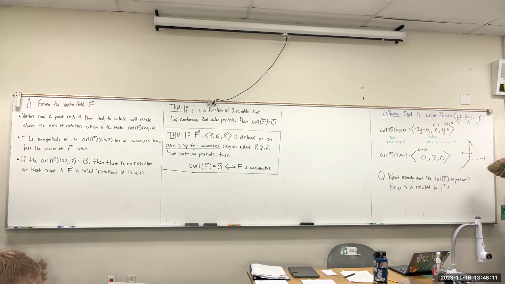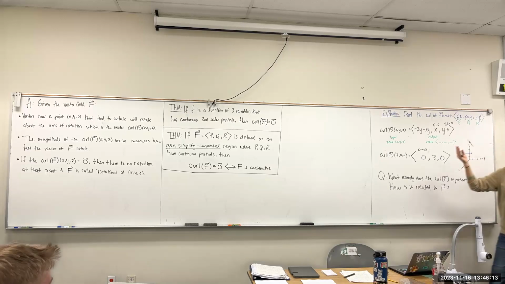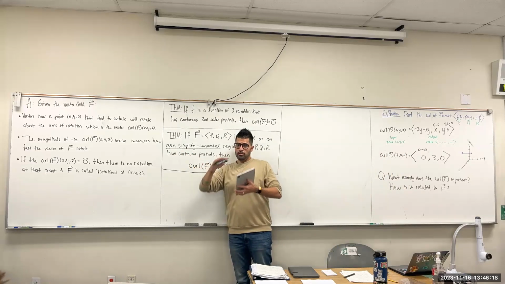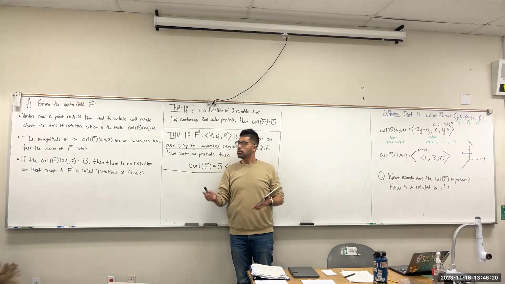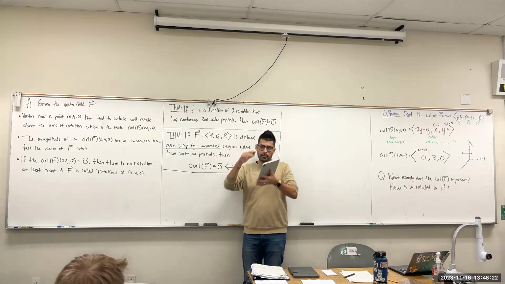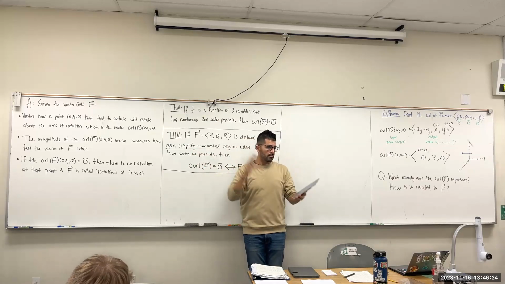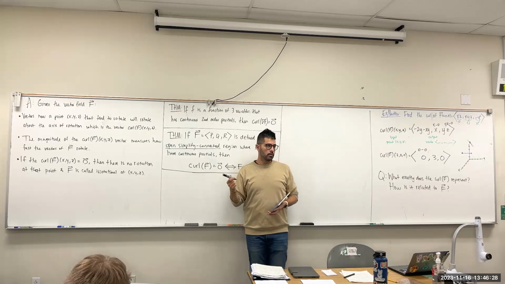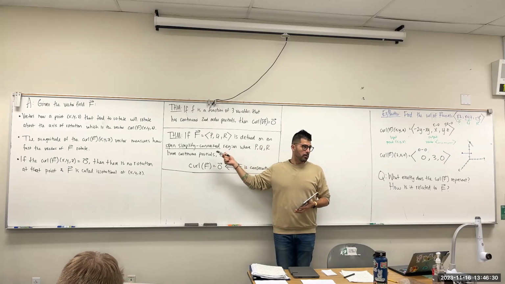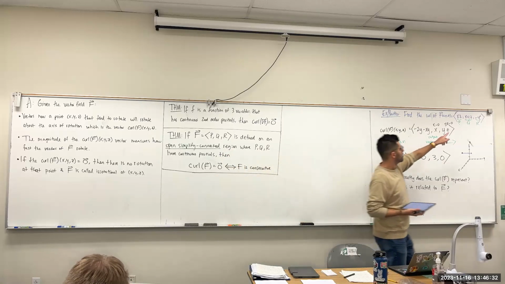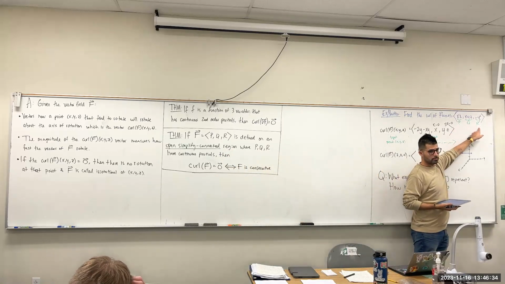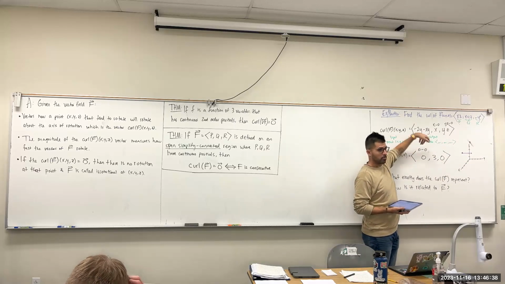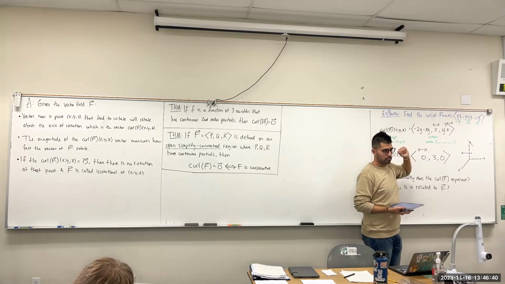Any three-dimensional point could be plugged in, right? So all of R3 is open. There is no boundary to it; nothing bounds R3. It is one connected piece of space. It's not disconnected, and there are no holes in all of R3. So it's defined on an open, simply connected region. It's polynomials, so they all have continuous partials. And the curl did not equal 0, so it's not going to be conservative.